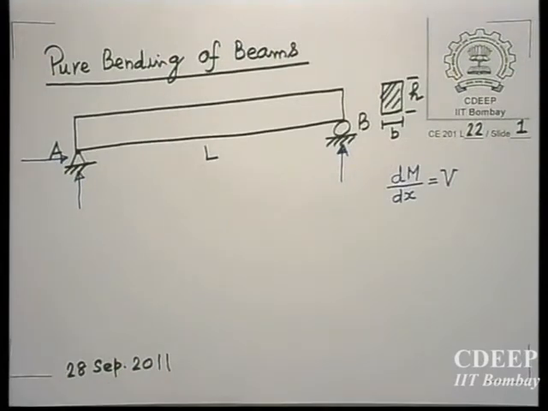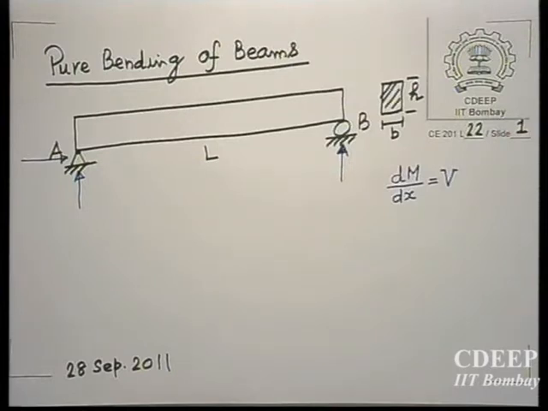So if there is any change in the moment along the length of the beam, then you will get a shear force. Now we don't want a shear force. We can avoid any axial force by not applying an axial load to the member. So how to get this?